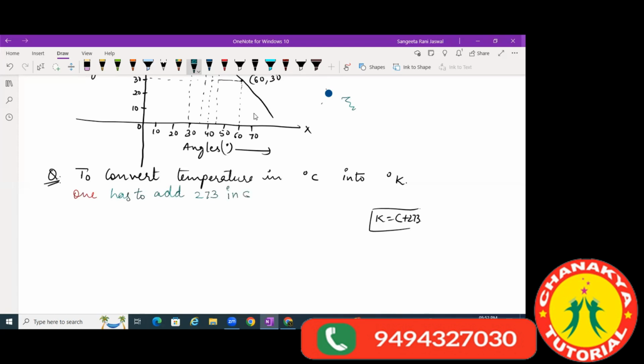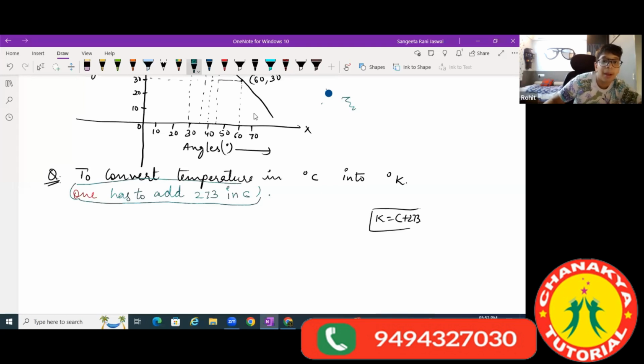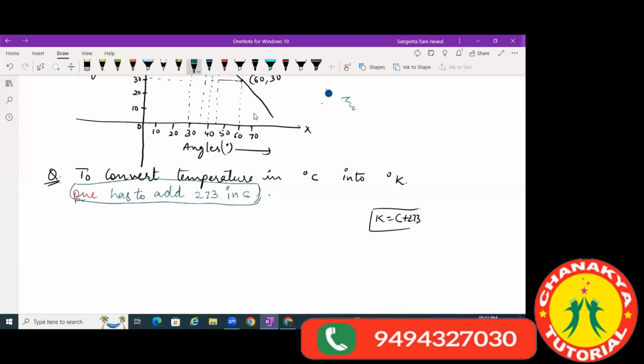This is already given in the question, right? But normally don't expect that these things will be given in the question. It is just given in this question, but normally you may not find it.